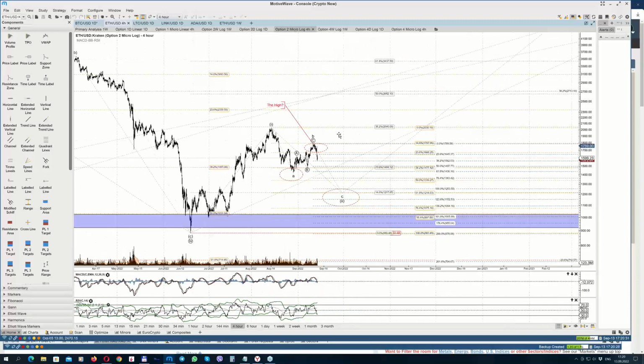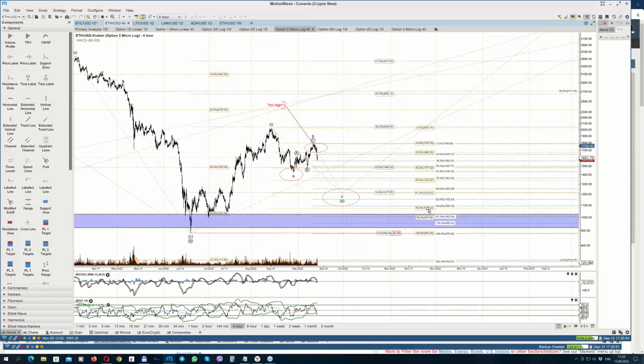Minor details. Here we see that we may be targeting 1094, roughly the 1100 area, the ideal target for the wave 2, in my opinion. In the case we hold above this support, then we still have a chance to see a much stronger rally.